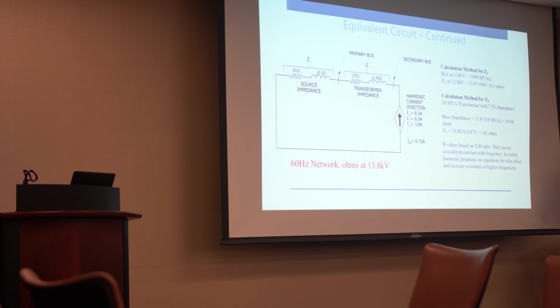If I have 5 times the frequency, I have 5 times the impedance, and at the 7th, 7 times the impedance. That's all you really need to know. You calculate your fundamental inductive reactance, multiply by 5, 7, 11, 13, and you can calculate your voltage distortions at each one of those.